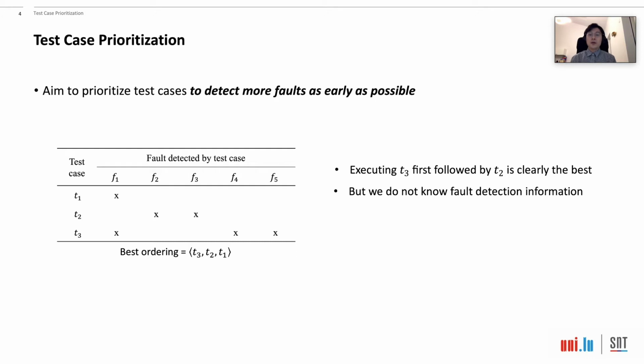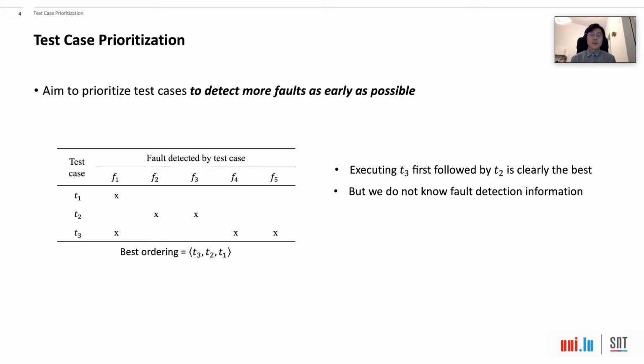It shows that test case 1 detects fault 1, test case 2 detects faults 2 and 3, and test case 3 detects faults 1, 4, and 5. From this fault detection information, you can already see that executing T3 first, followed by T2, is clearly the best ordering of the test cases to detect more faults as early as possible.